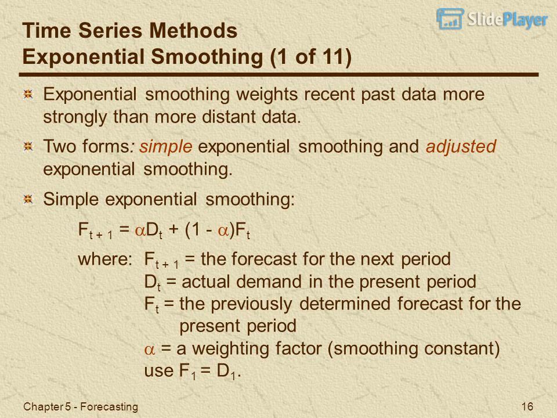Simple exponential smoothing: F(t+1) = αD(t) + (1 − α)F(t), where F(t+1) is the forecast for the next period, D(t) is actual demand in the present period, F(t) is the previously determined forecast for the present period, and α is a weighting factor, the smoothing constant. Use F1 = D1.